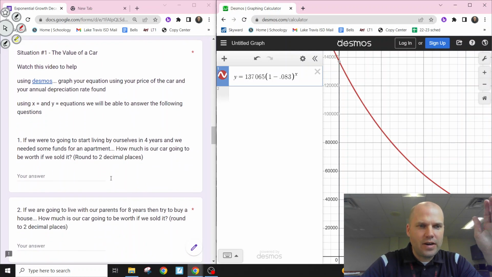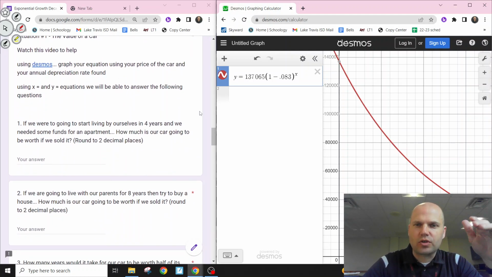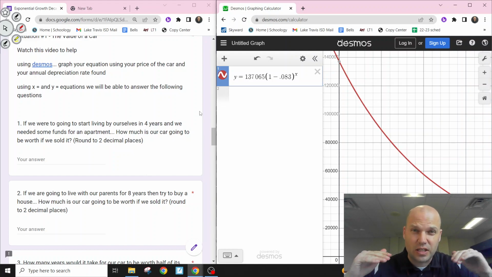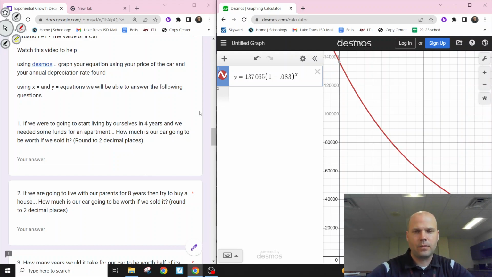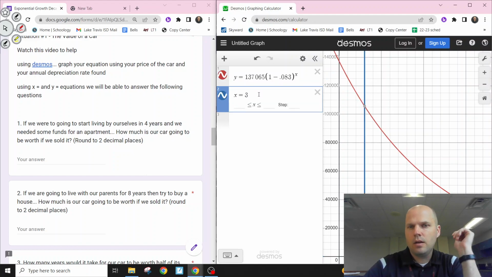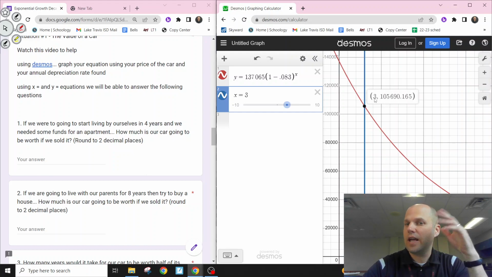We are now going to use x equals and y equals equations to answer certain questions, and I'm going to leave it up to you to figure it out. Sometimes we want to plug in an x value and find a certain y value.